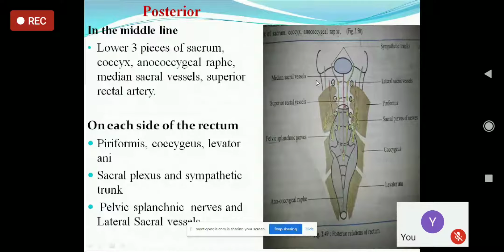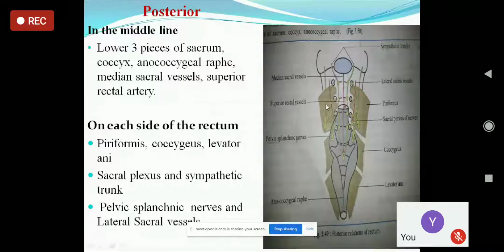Sometimes they will ask you to write short notes on the posterior relation of the rectum, so you have to draw these pictures and write. I'll repeat: in the midline, you are getting the lower three pieces of sacrum, coccyx, and anococcygeal raphe; similarly, the medial sacral vessels and the superior rectal artery.